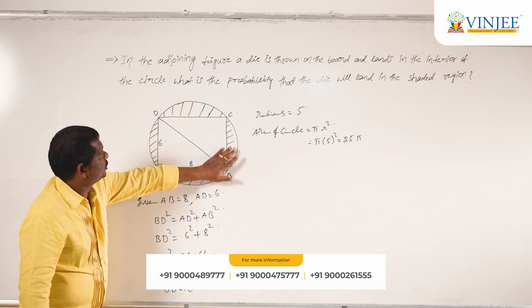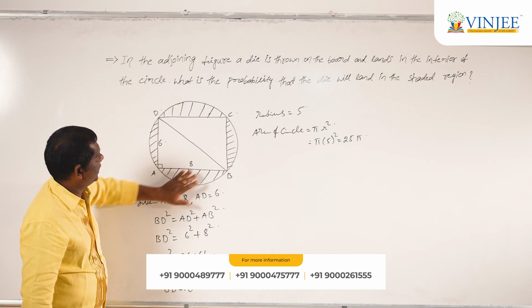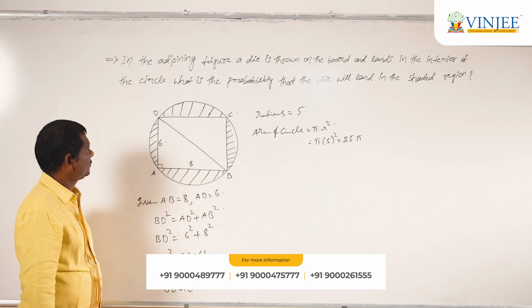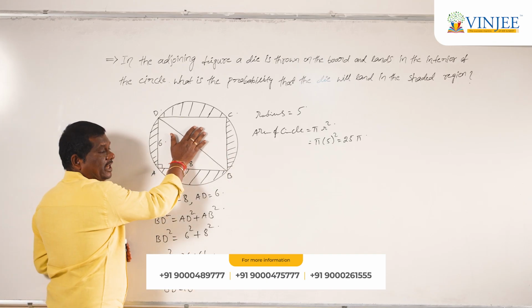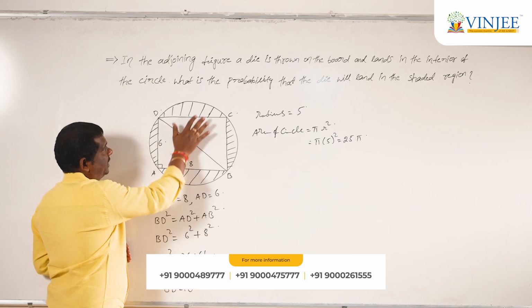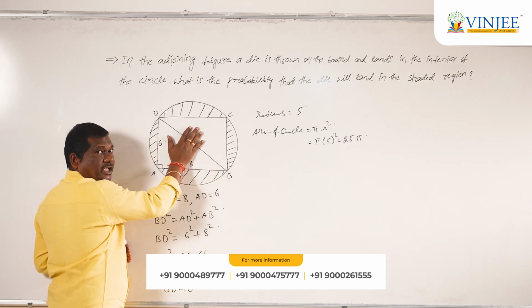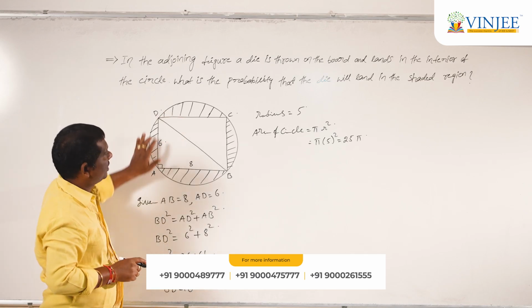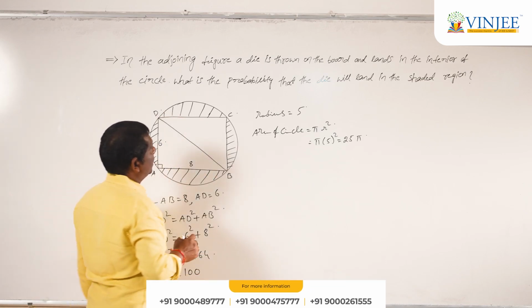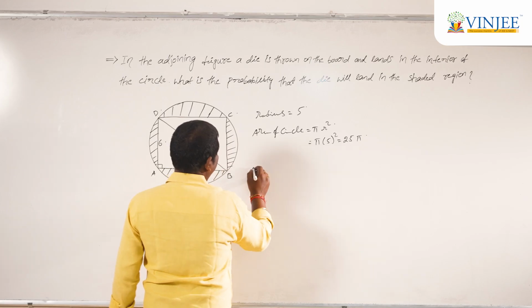The die should be on the shaded region. That means the area of the circle minus the area of this rectangle gives the area of the shaded region.